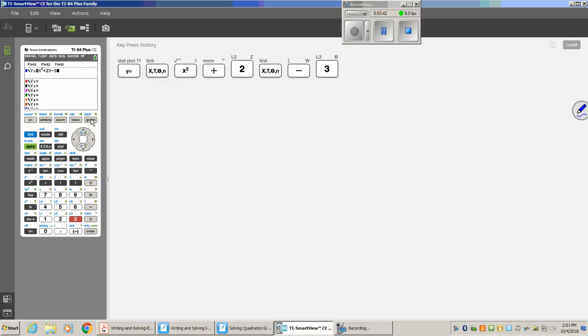And now to get to your table of values, notice the word table, I'm pointing to it, is above the word graph. So you're going to have to hit your second graph key, and that's going to give us the list of our table of values.